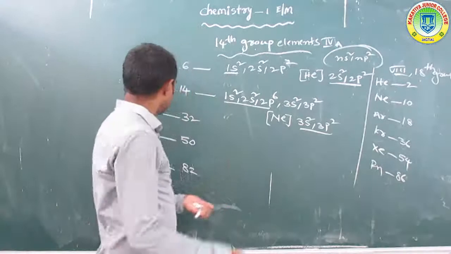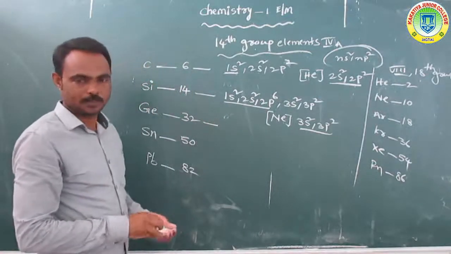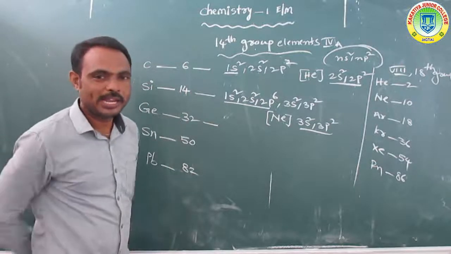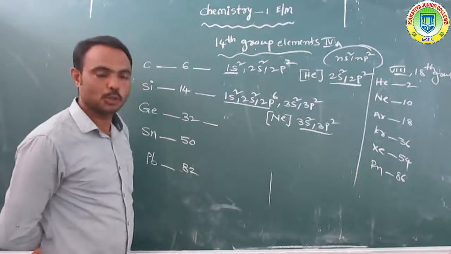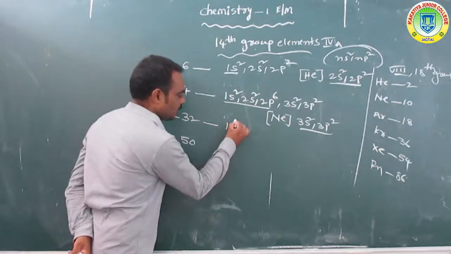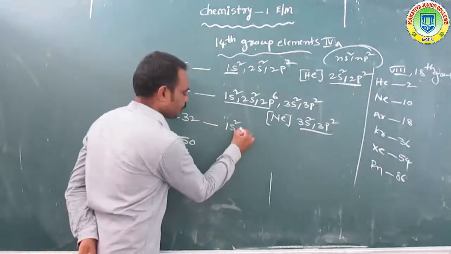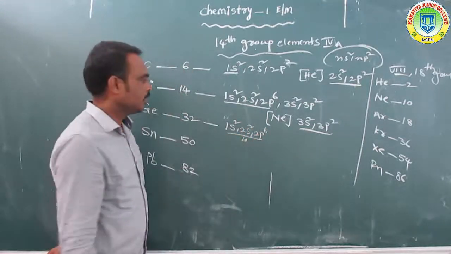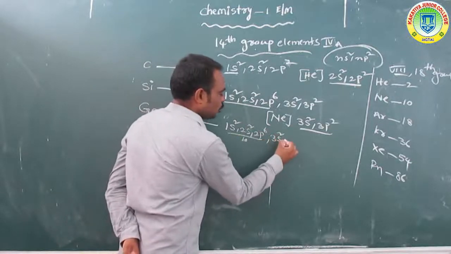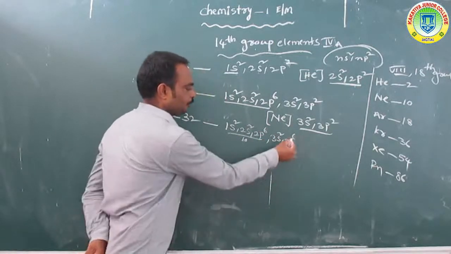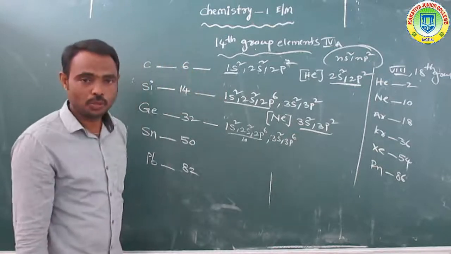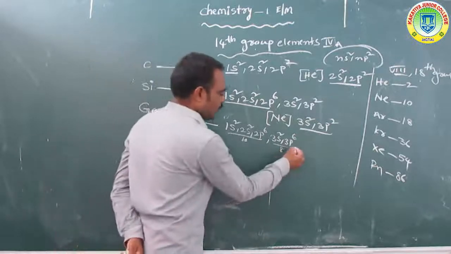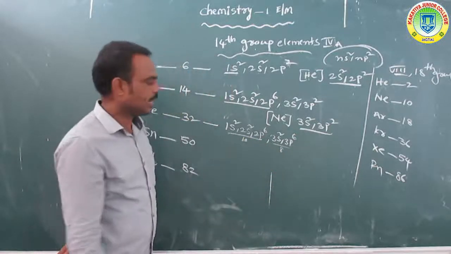We have seen further electronic configuration. Suppose germanium. Germanium contains 32 electrons. We write 1s2, 2s2, 2p6, which is 10. Next 3s2, 3p6, 8, total 18.